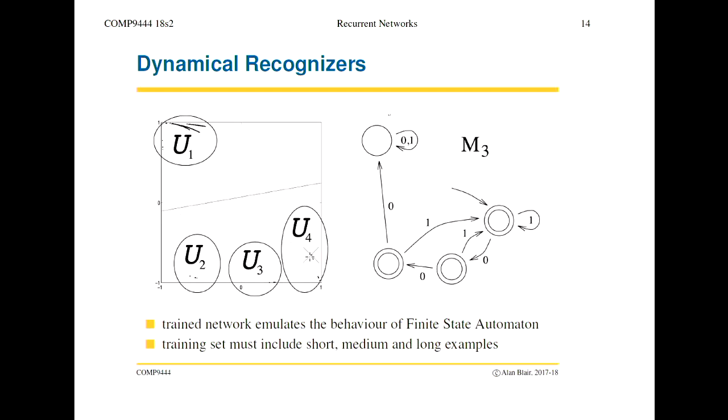That's the initial state there, and when the input is a 0, the dot moves from this cluster to this cluster, and from this to here and from here to here, and if it's a 1, these ones go back to this cluster here, whereas that one stays over there. So it turns out that this trained network's behavior is exactly the same as this extracted machine.